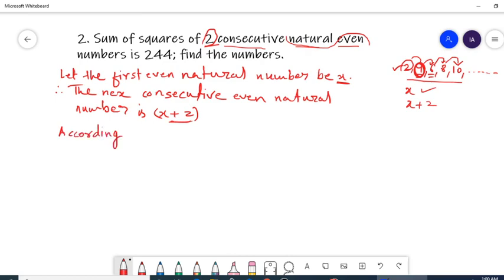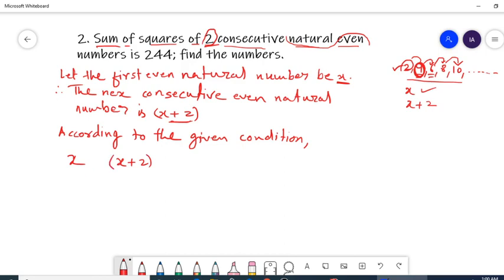According to the given condition. What is the given condition? Sum of squares of two consecutive even natural numbers. My two numbers are x and x plus 2, right?